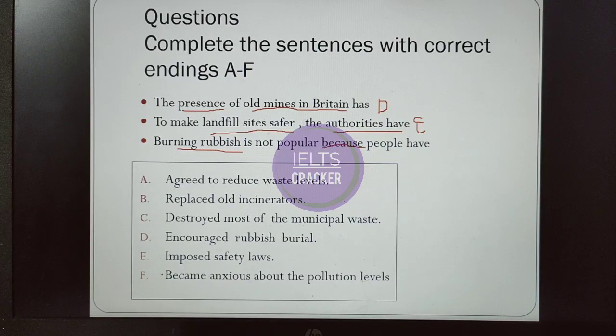Why it was not a popular activity? The answer is F guys, because people were anxious about pollution levels. Anxious means worried, because as we read that some environmental risks were associated with that, and people were also scared about exposure towards the dangerous chemicals. So here I'm going to write the answer F.